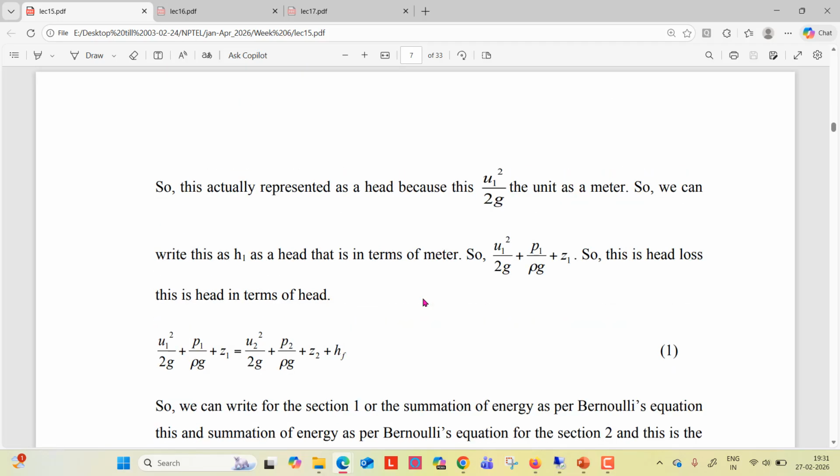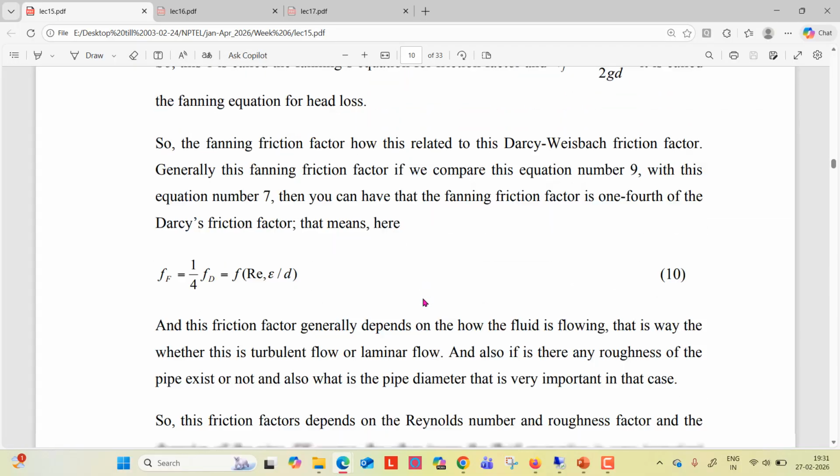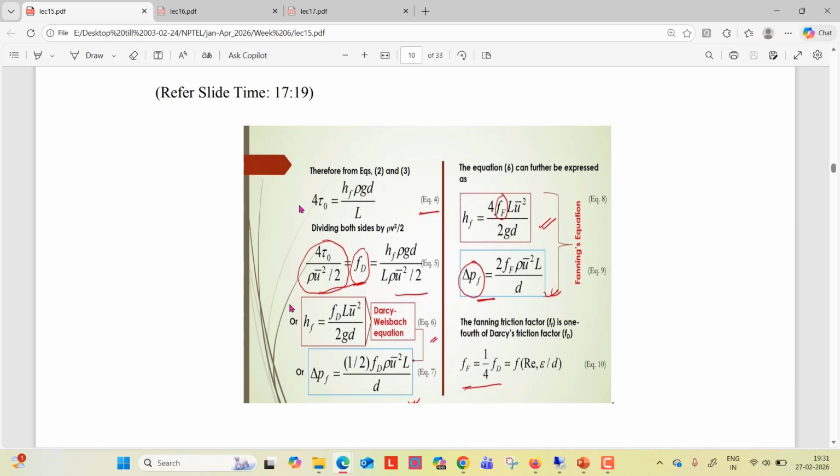You can see how rho v square by 2 is divided. This is the Darcy friction factor or Darcy-Weisbach equation. This is your expression, right?